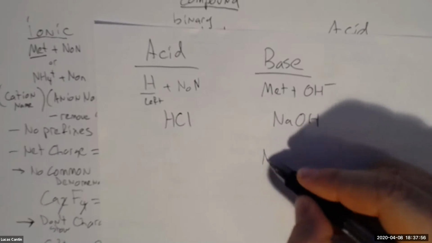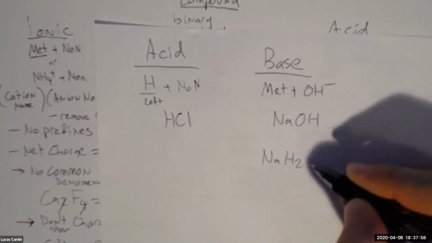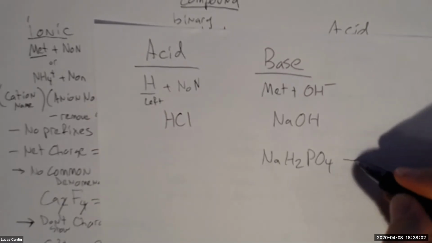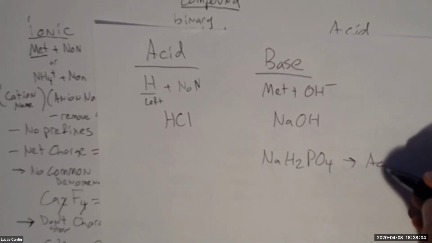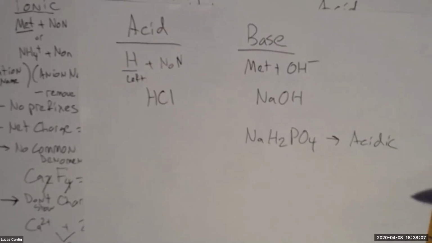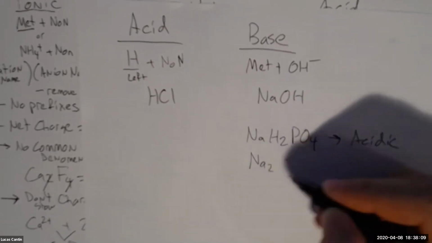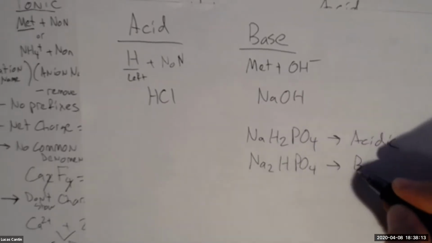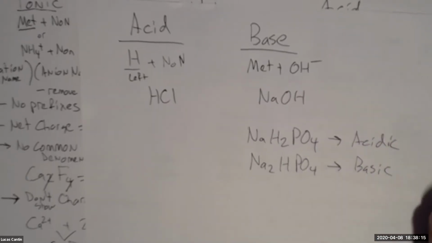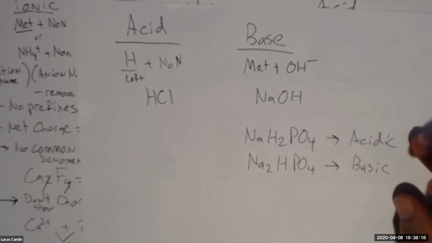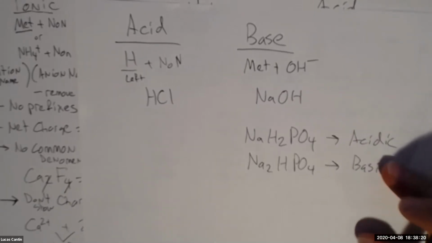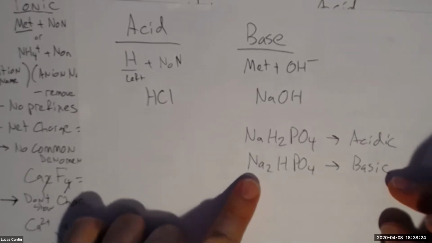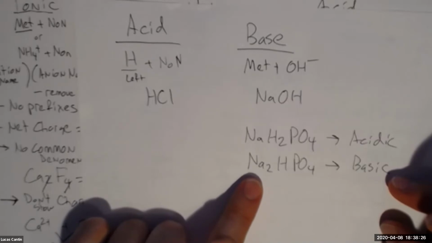So like NaH2PO4 is technically acidic, right? But Na2HPO4 is basic. And you may get into this controversy in Chem 1A, or more likely you'll get into this in depth in Chem 1B.